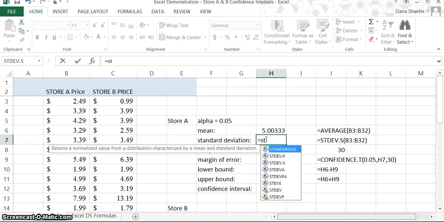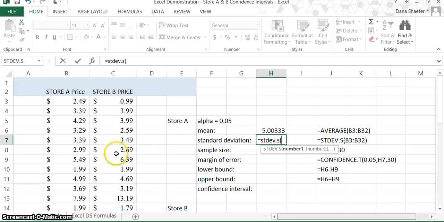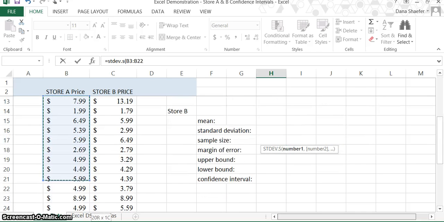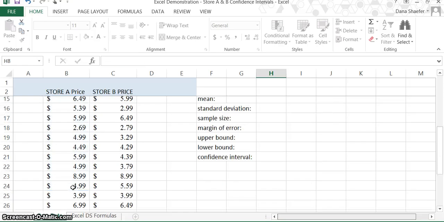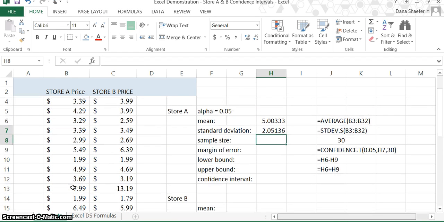So standard deviation dot S parenthesis. Come over here and grab this. Go all the way down and pick them all up. Enter. Next thing is the sample size. Both stores had a sample size of 30, so I'm just going to type 30 in.